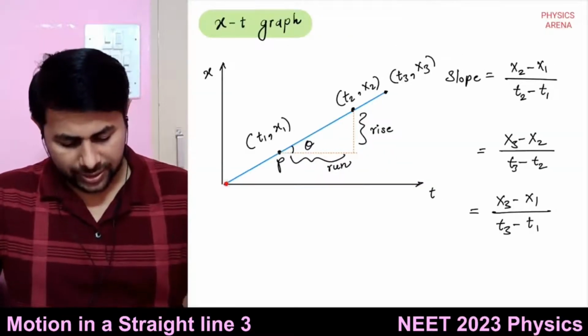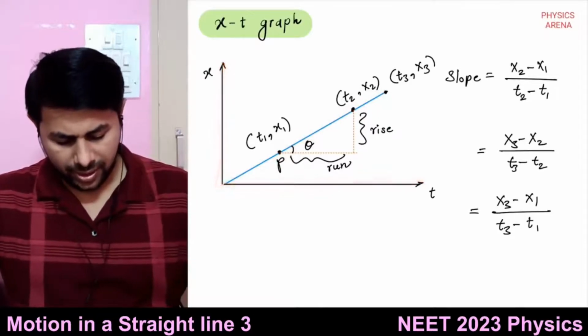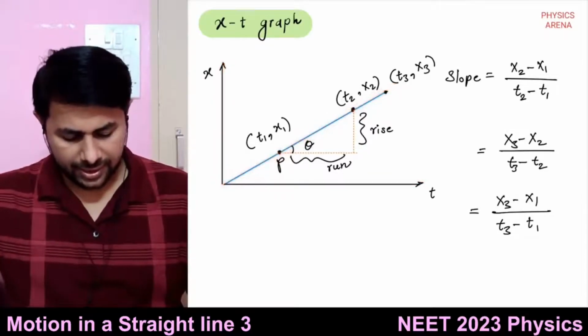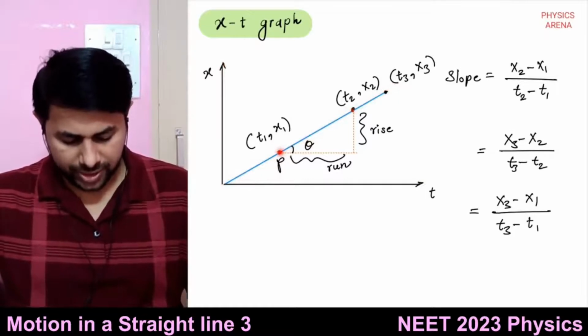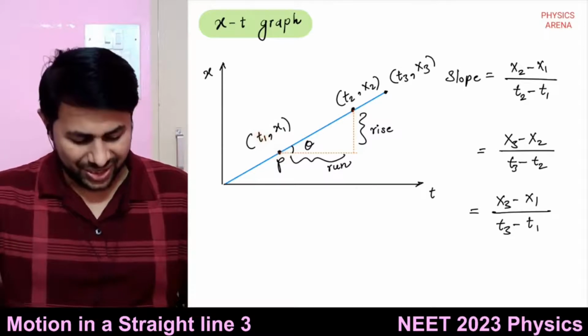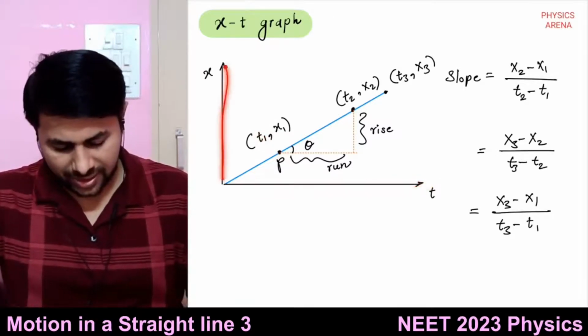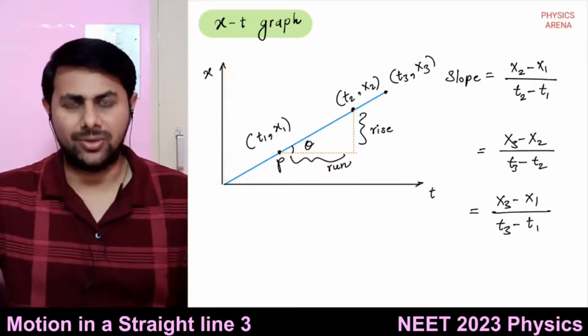Suppose this is a position versus time graph. On this line, I pick some points. Time is the horizontal coordinate, and position x is the vertical coordinate.